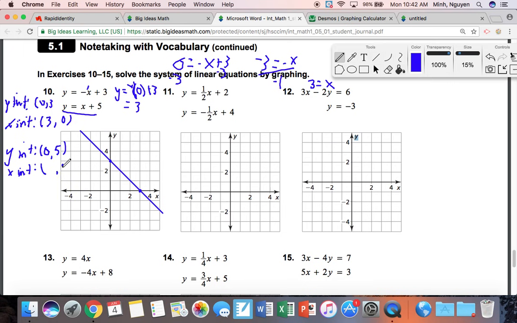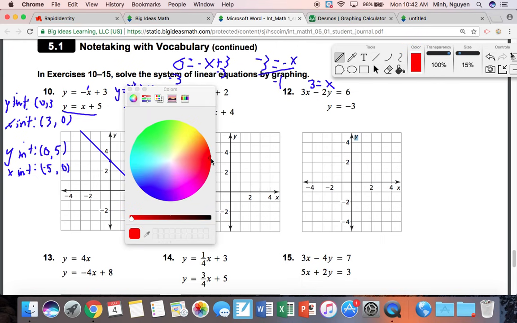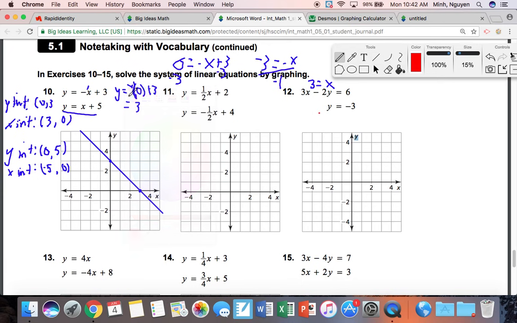For the x-intercept, we get 0 equals x plus 5. Subtract 5 on both sides, you get negative 5. So for this one, I get 0, 5, and in fact, I will change the color. Let's go with red. So you have 0, 5, and we have negative 5, 0.